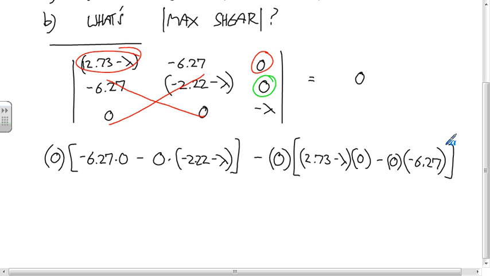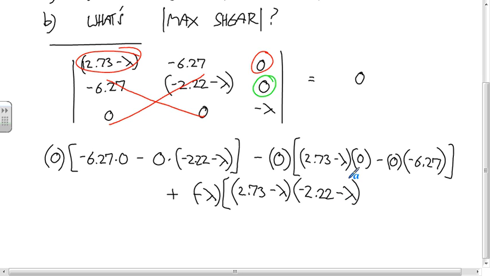And then the one that matters, negative lambda, so this is, plus this negative lambda times the subdeterminant 12.73 minus lambda times negative 2.22 minus lambda, and then minus negative 6.27 times negative 6.27.